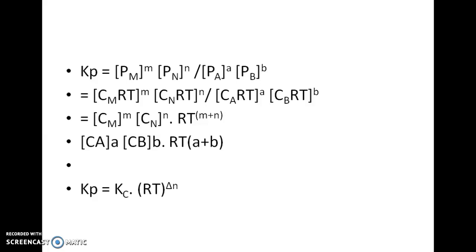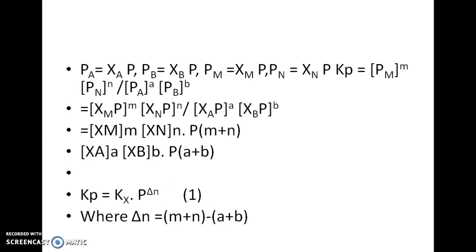On simplification, it gives Kp is equal to Kc into RT raised to the power delta N. Delta N is the change in the number of moles, which is the moles of the product minus the moles of the reactant.